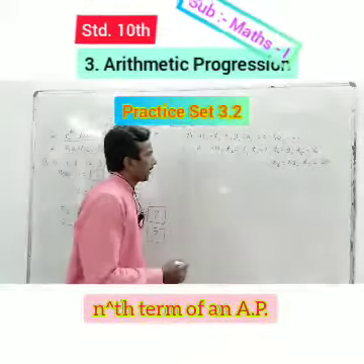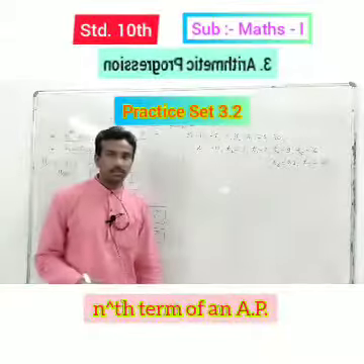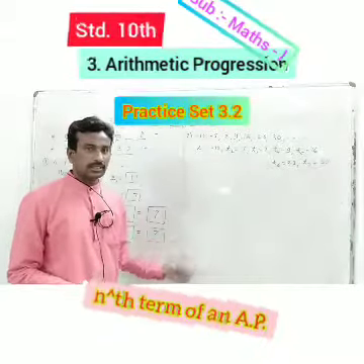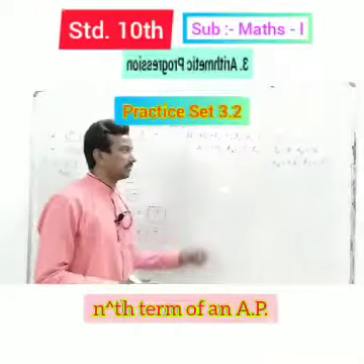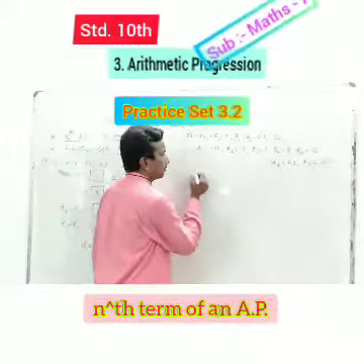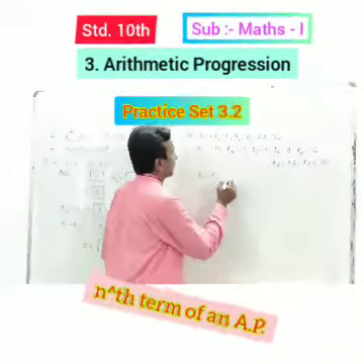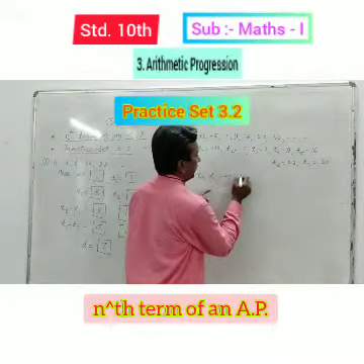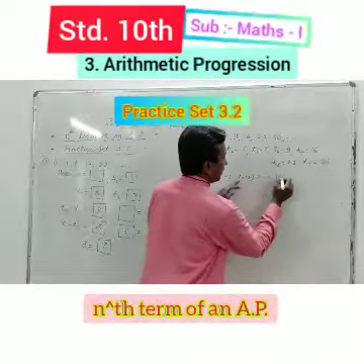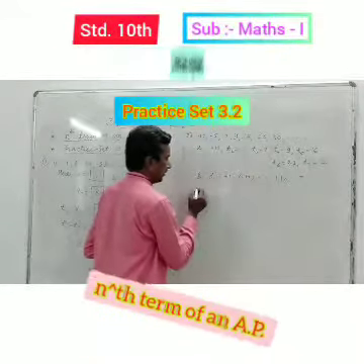For that, we know what an AP is: if the common difference is constant between any two consecutive terms, then the sequence is an AP. Now T2 minus T1 is minus 5 minus minus 12. Minus minus becomes plus, so minus 5 plus 12 is 7.